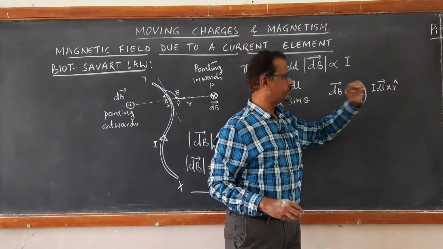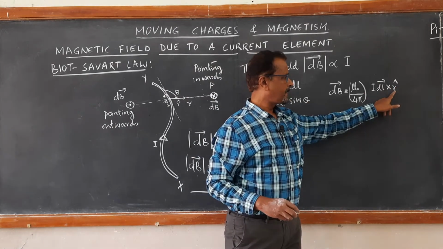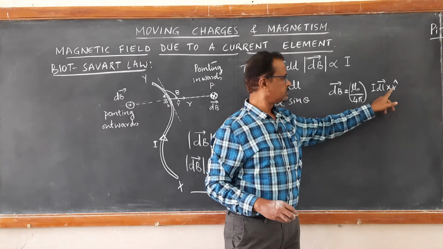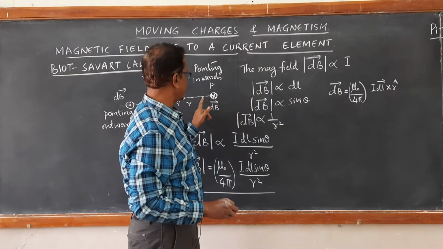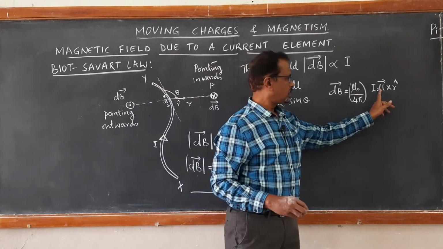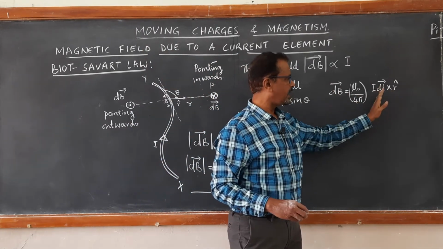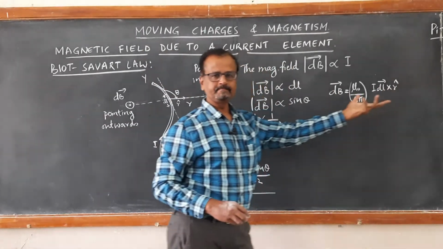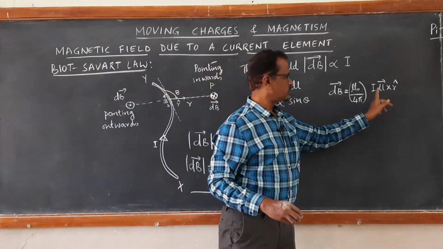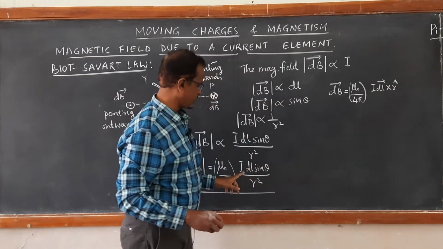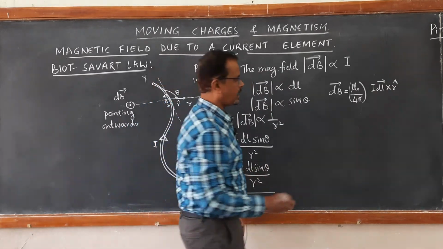The r unit vector gives you what? It is of magnitude 1, but acting along the position vector of the point under consideration. So I dl cross r gives us I dl into 1 into sin theta, because the magnitude of r unit vector is 1. So I dl sin theta, that's what we will get, I dl sin theta by r square.